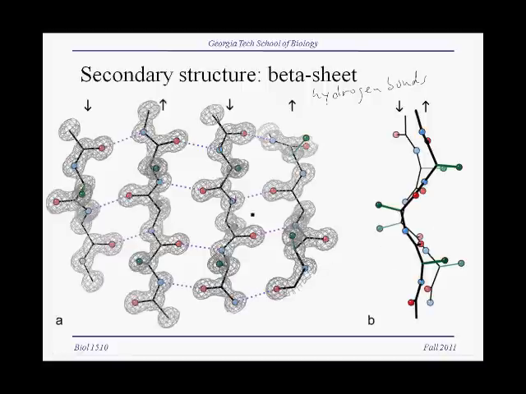And when they associate like this, this is a side view here, you see that these are sometimes called beta pleated sheets because you can see this sort of pleating effect.